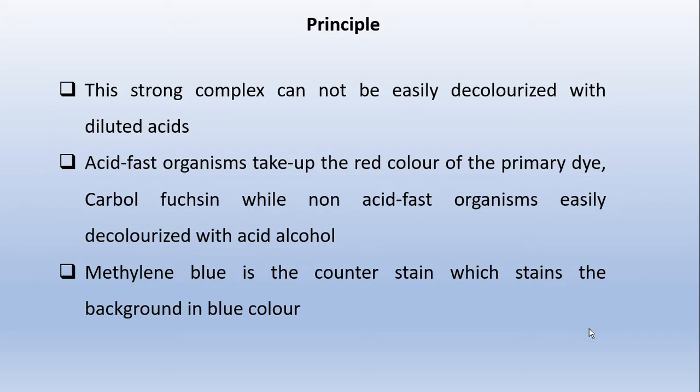Acid-fast organisms take up the red color of the primary dye, carbol fuchsin, while non-acid-fast organisms are easily decolorized with acid alcohol. Methylene blue is the counterstain which stains the background in blue color. Malachite green also can be used as a counterstain.